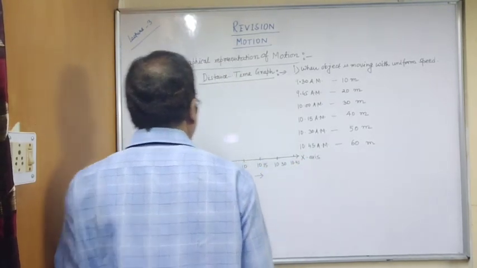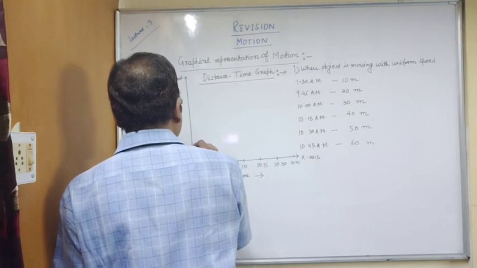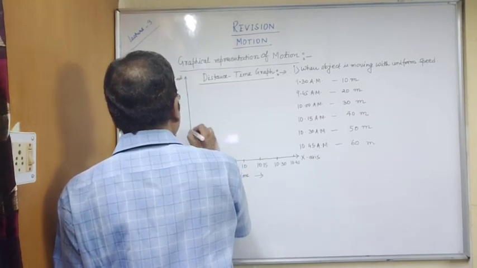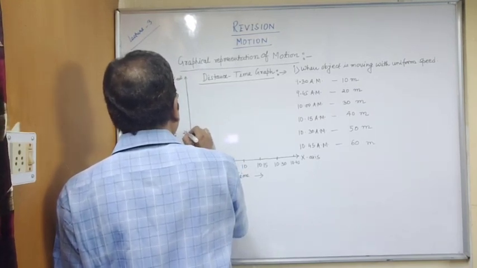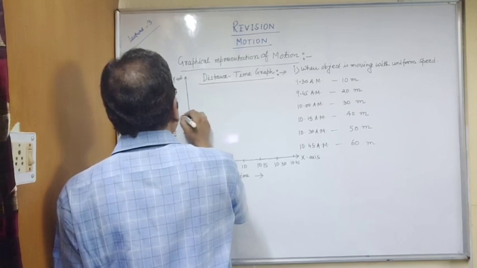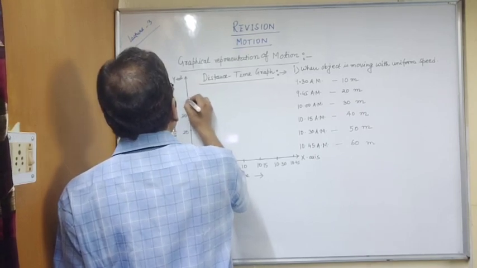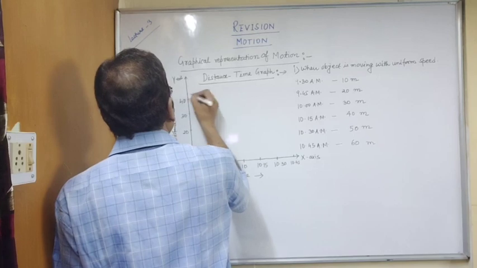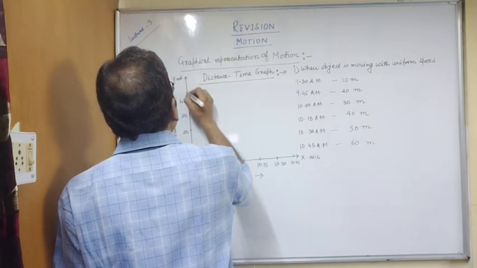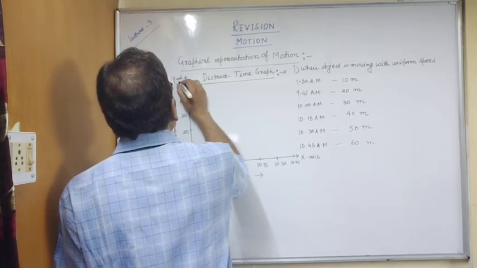Similarly, take distances on the y-axis. So 10, 20, 30, 40, 50.